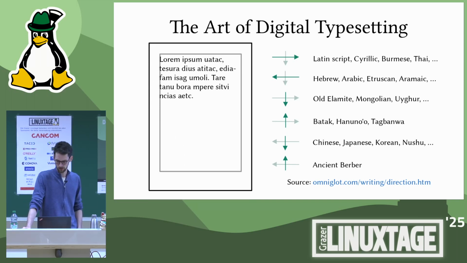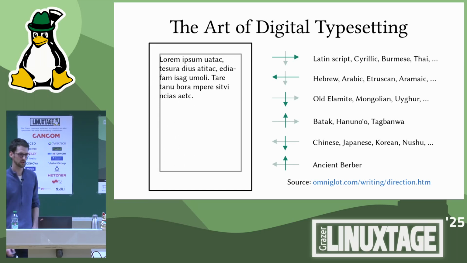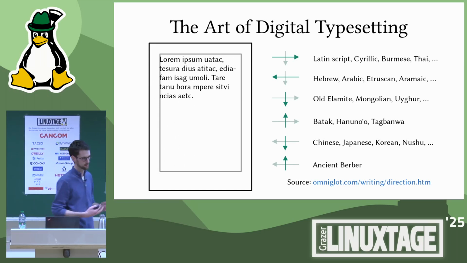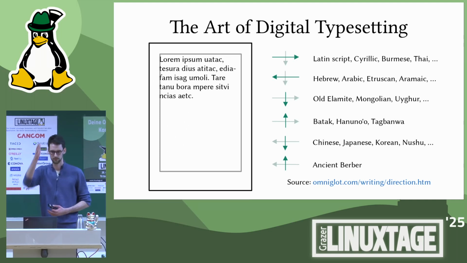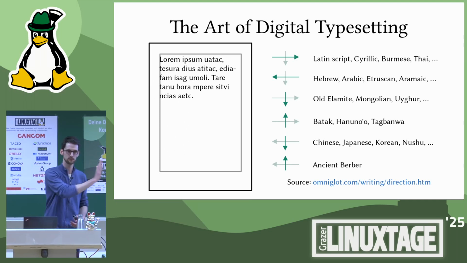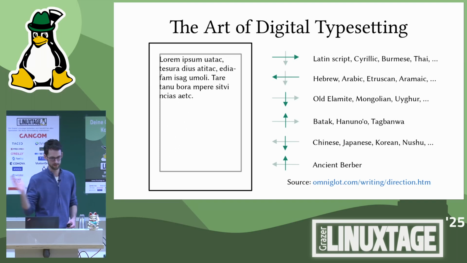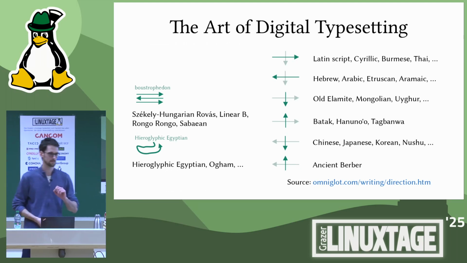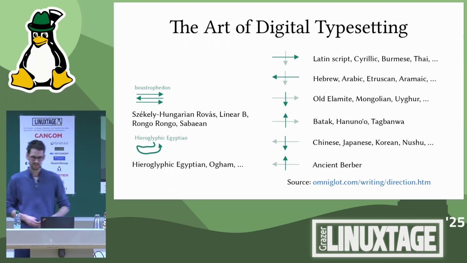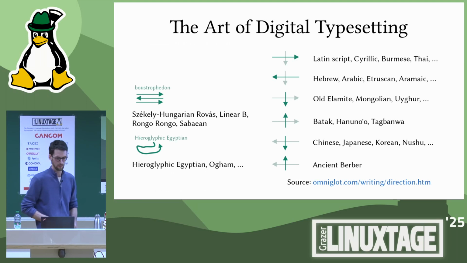And also for CJK, so Chinese, Japanese, Korean, it's convention that in traditional, more ceremonial writing, you go from top to bottom, you get a column, and these columns are arranged from right to left. There are also some surprising text directions.